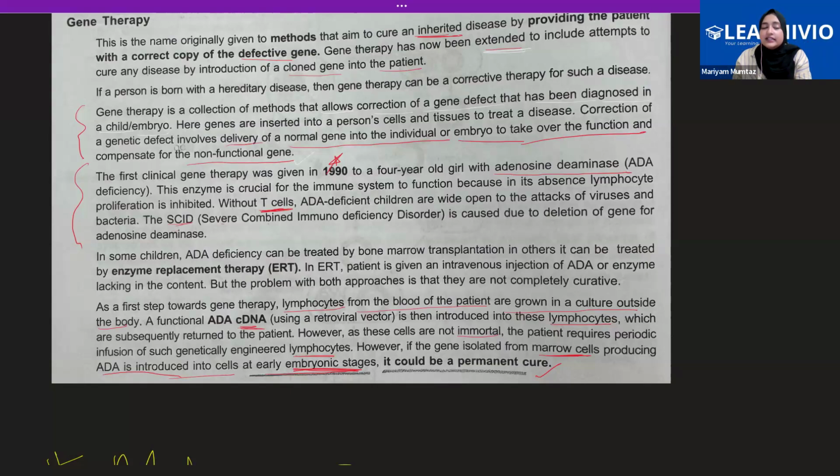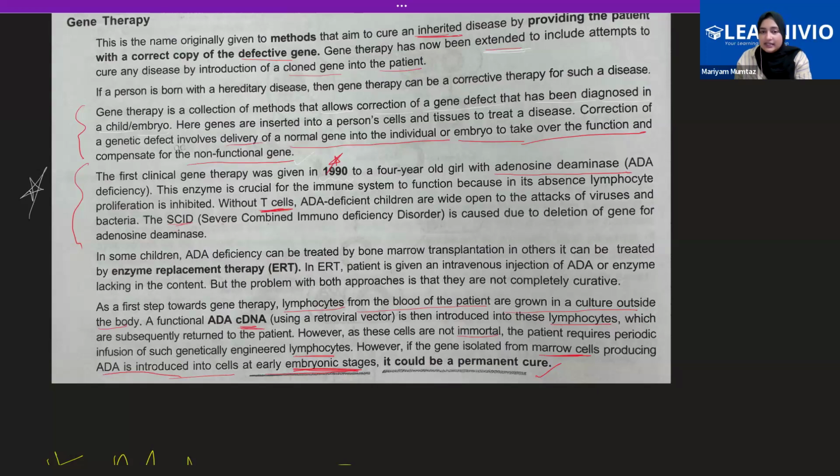The first clinical gene therapy was given in the year 1990. This is also very important. It was given in 1990 to a 4-year-old girl that had adenosine deaminase deficiency, ADA deficiency.